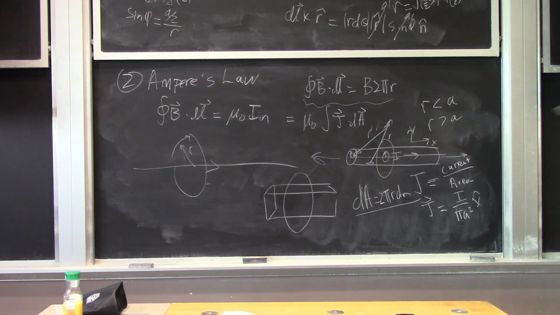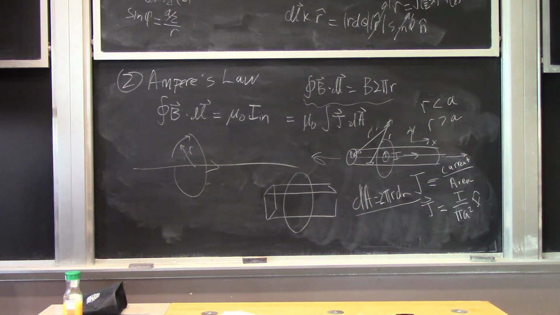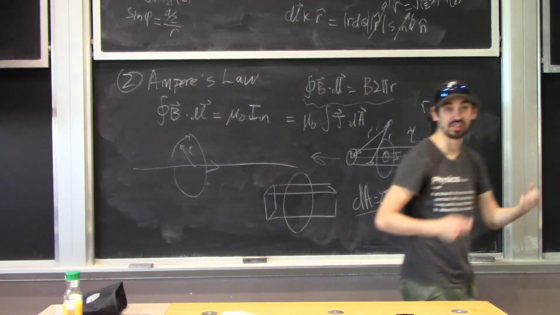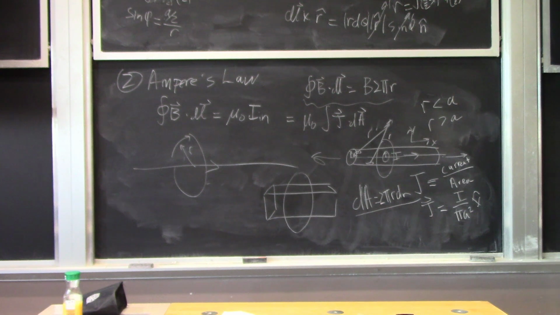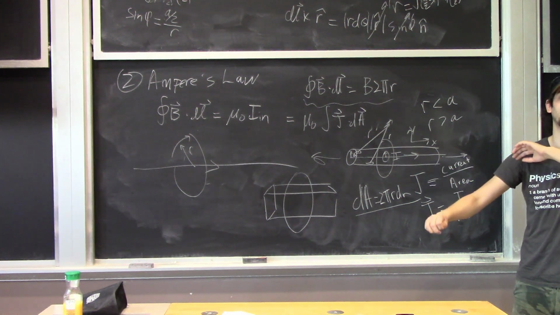When we're trying to find a current that's produced by a magnetic field, that's Faraday's law. These are questions where I give you some current, and you're meant to find what the magnetic field is. But finding a current that's produced by a time-varying magnetic flux is Faraday's law. So it's a different type of question.